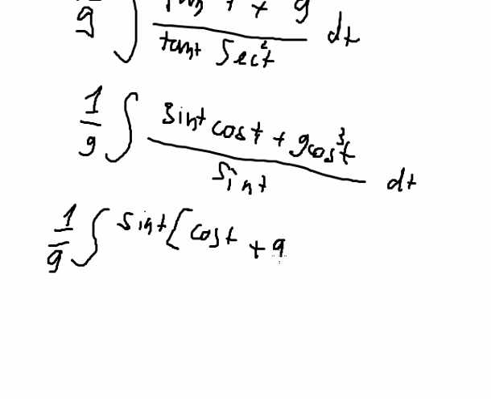So in this situation we can put about 1 minus, sorry, that should be about cosine t. So that should be about 1 minus sine t square.